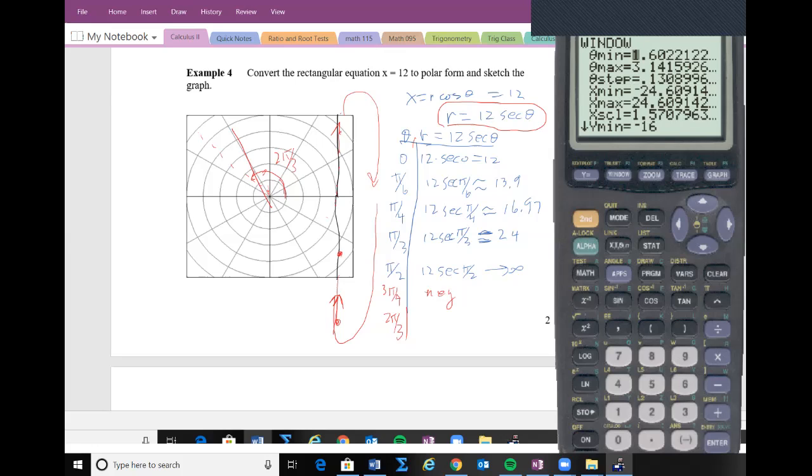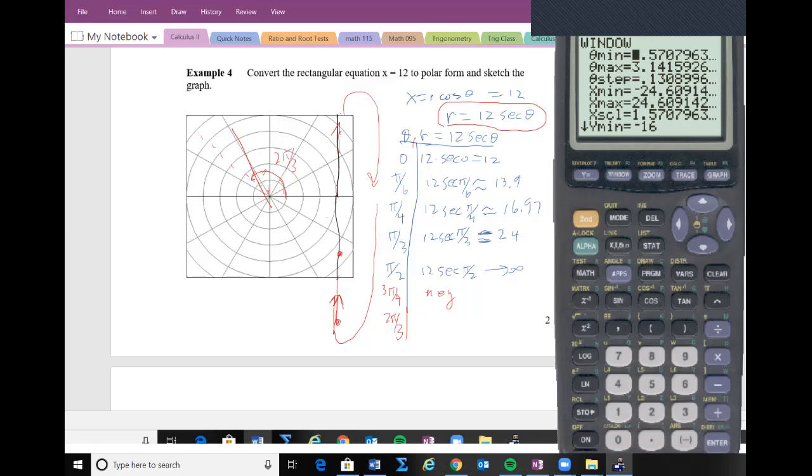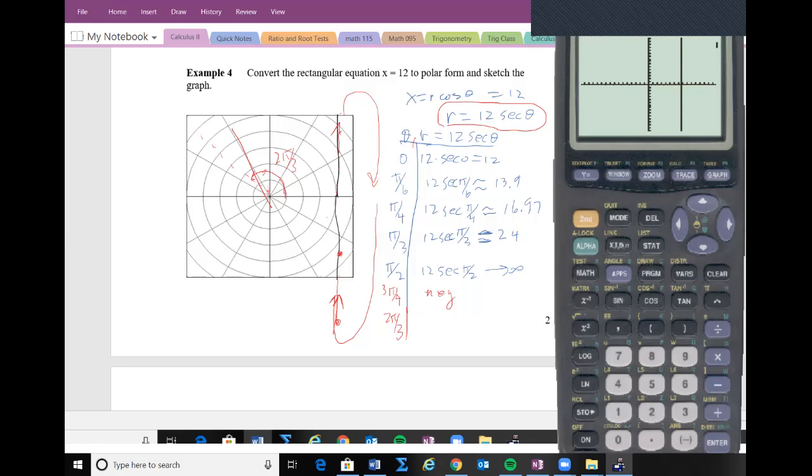You gotta be careful with this, but watch what happens if I just put in pi divided by 2. This is what it does. It kept all going to infinity. But if I want to get the positive side, I got to be in the first quadrant, before pi over 2. So if I just make that 0, we'll get the entire picture.